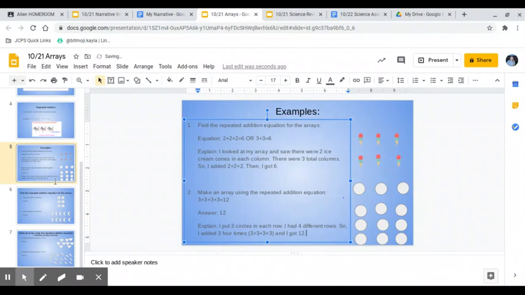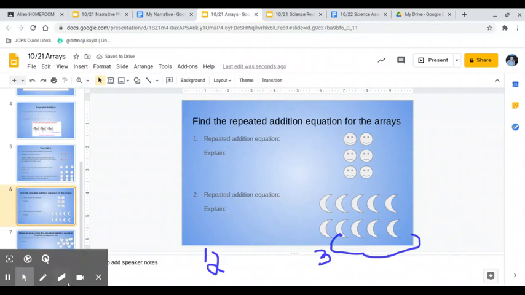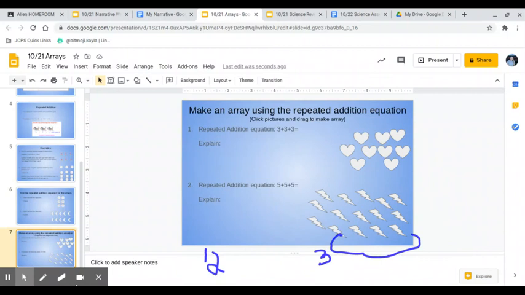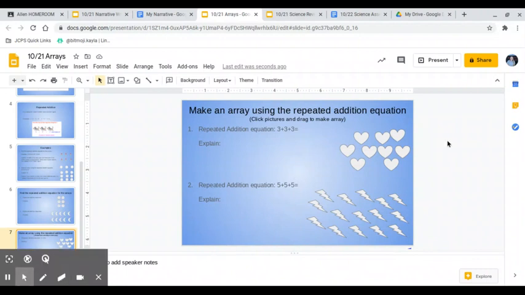So on your work today, you're going to have 2 problems where you have to find the equation and the array is already drawn for you. So just like how I did the first one, you have 2 problems to do of that. And then you're going to have 2 problems at the very end, just like how I did my last one, where instead of writing in the equation, you're going to make the array.